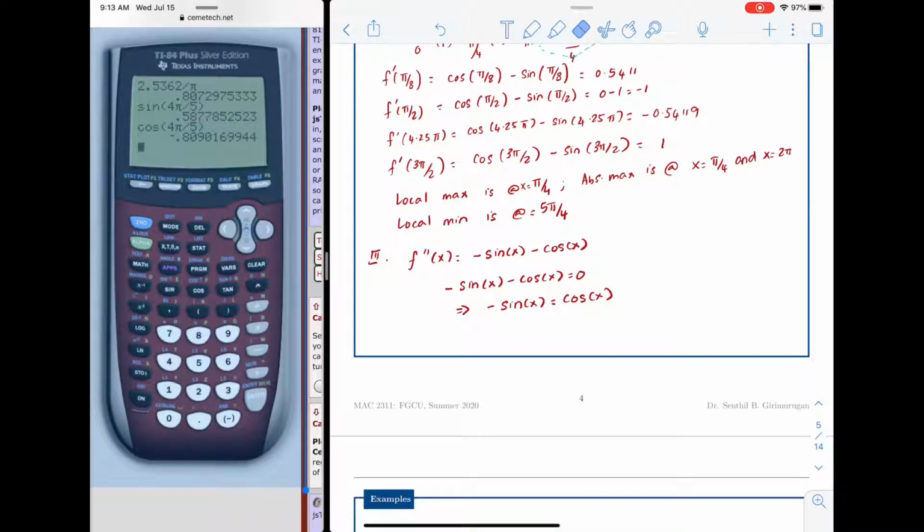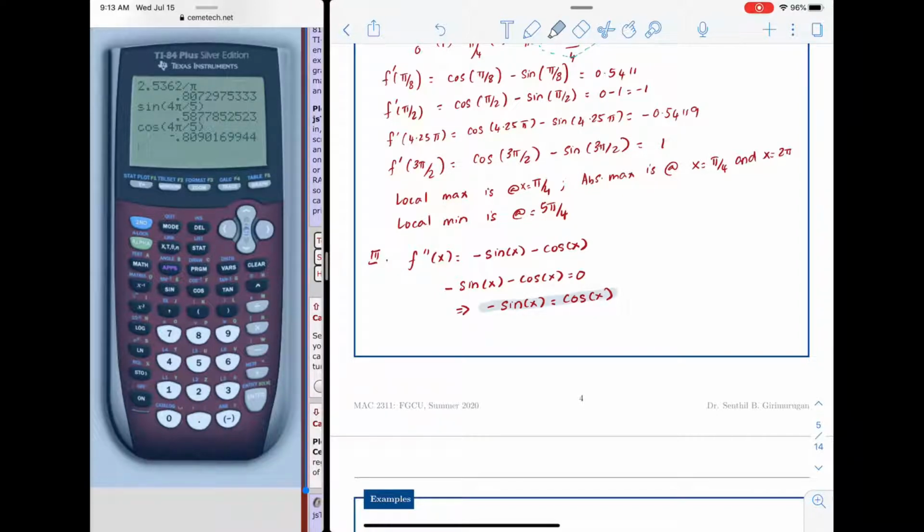It does not, which means we made the wrong guess in finding the point of inflection to be 4 pi over 5, because this particular condition does not match.